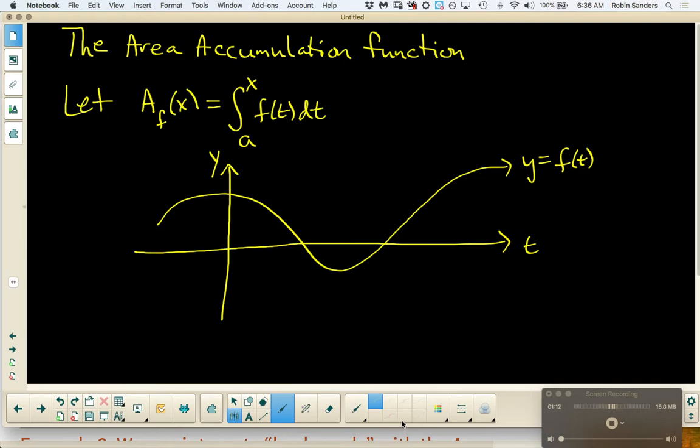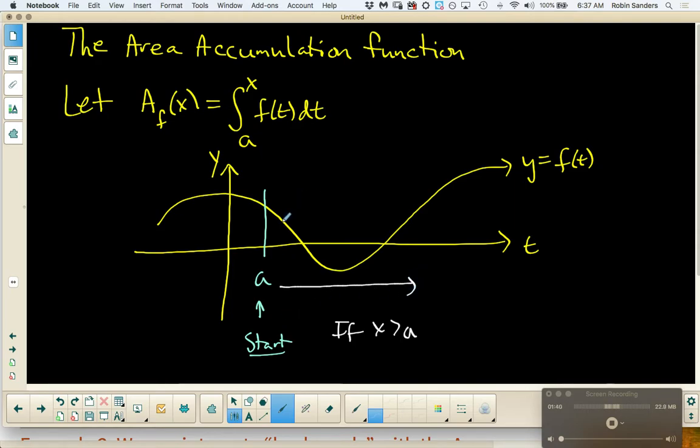And I want to define an a value. And the a value is the start of my integral. Now, what I want to do is think about letting x vary. If x is bigger than a, then x is going to be somewhere out here.